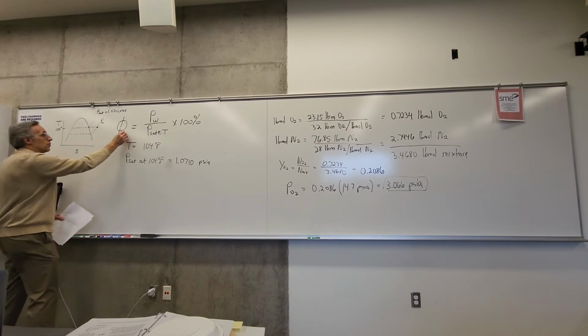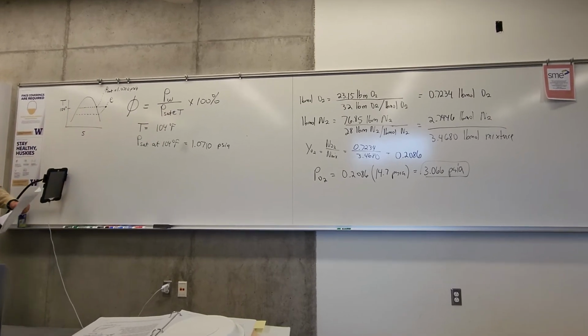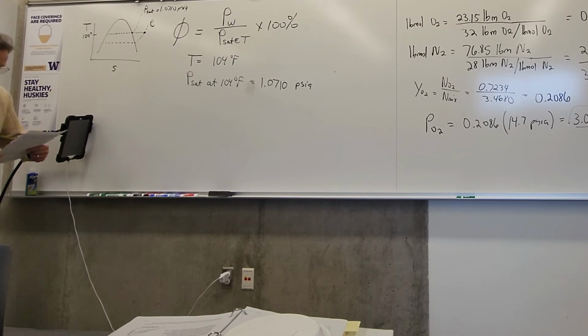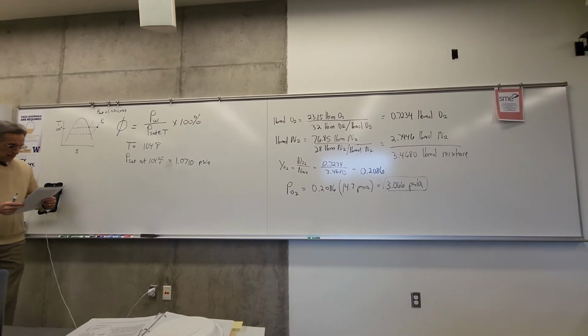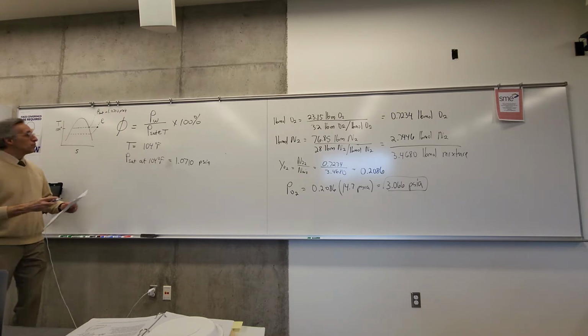So we need to know any two of those quantities, and we can calculate the third. In this case, we have the humidity is 22%.